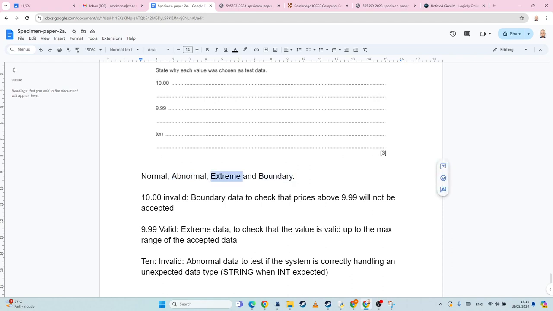So extreme is boundary data that is valid. Boundary data is data that's on the edge of what is accepted, but it can be invalid or valid. Extreme is data on the boundary of what can be accepted, but which is exclusively valid. All right.